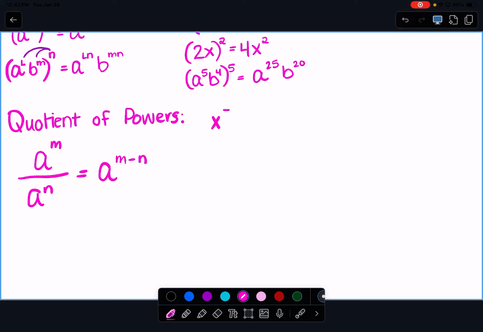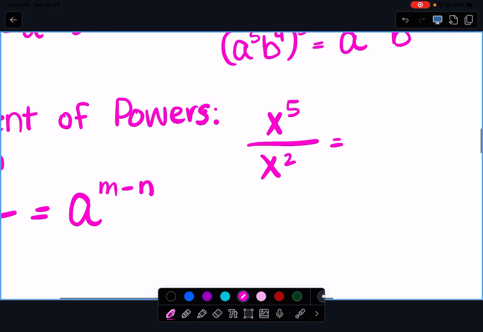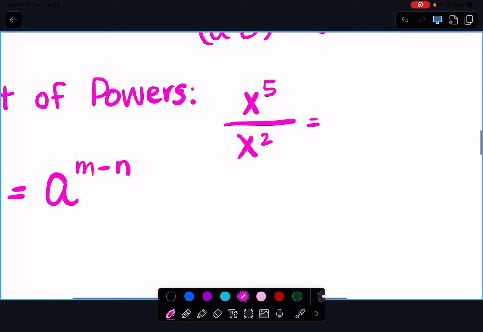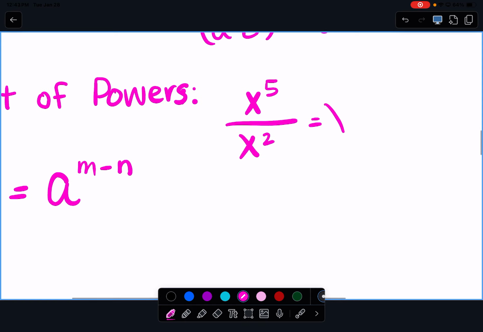I want to do x to the 5th over x squared. I have to subtract the numerator's exponent minus the denominator's exponent. That's a minus. So we would say x to the 5 minus 2, which is what? What is 5 minus 2? X to the 3rd.